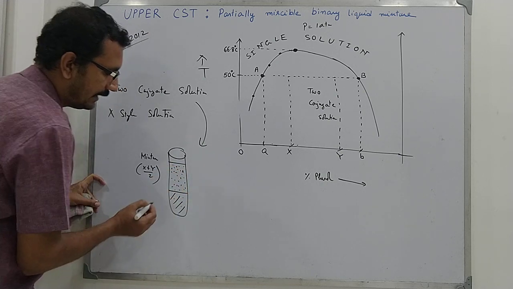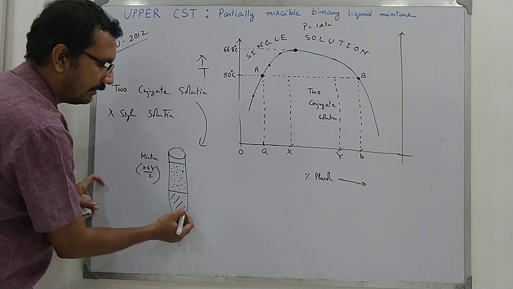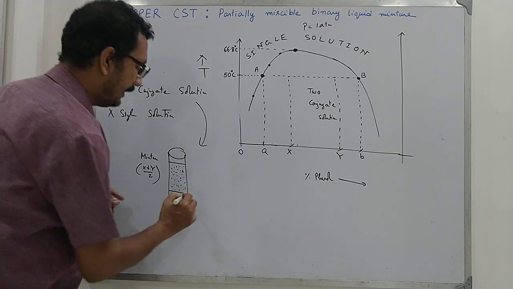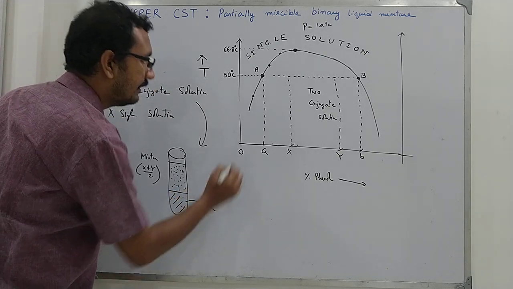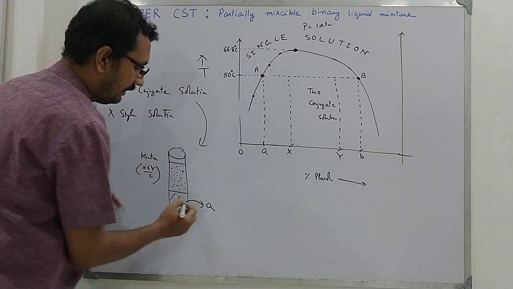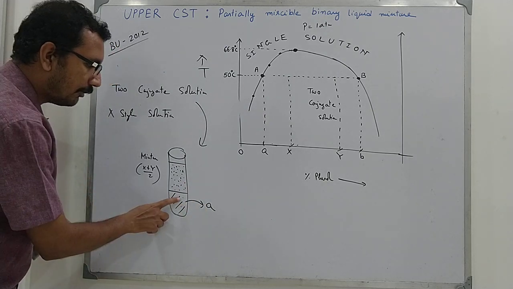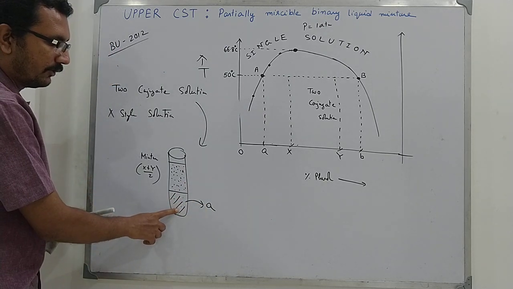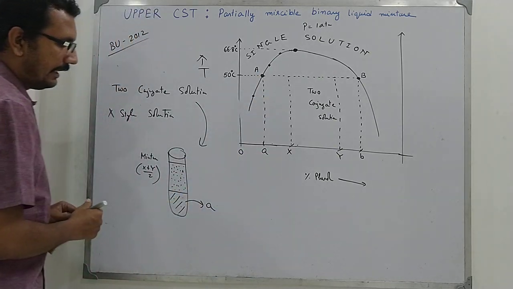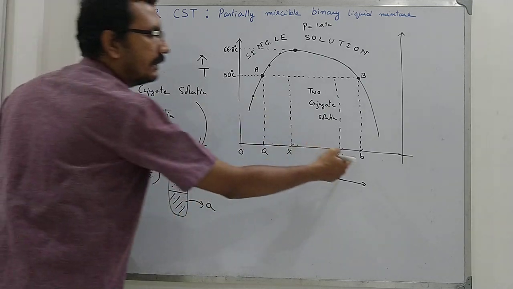Now there will also be water molecules here, so it will be water in phenol, but it will be saturated. That means it will have composition as per this point. This will be a saturated solution of water in phenol. So this will correspond to this composition A, and this one will correspond to this composition B.